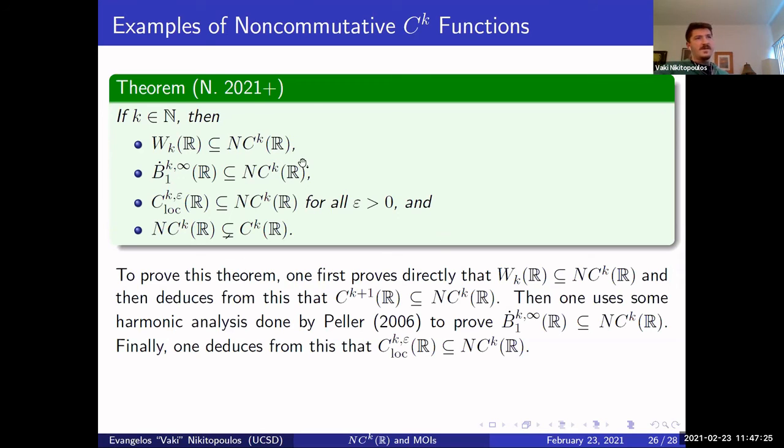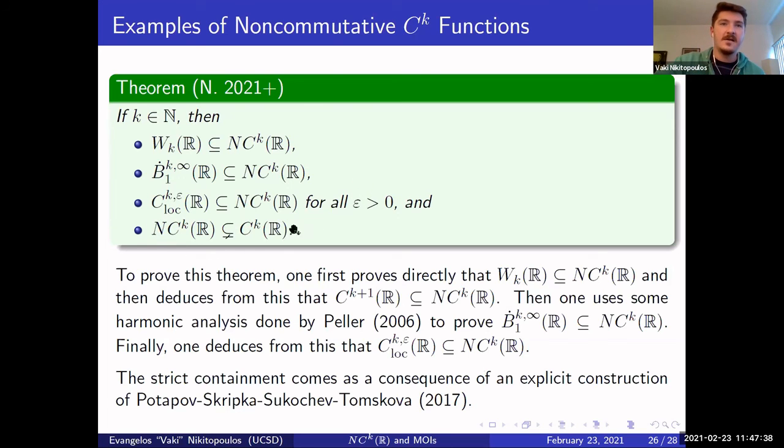The take home from this theorem is, in three different ways at least, that if you are just barely a tiny bit better than C^k, then you're non-commutative C^k. This counterexample here is actually fairly explicit, and I'll just mention that it uses an explicit construction of Potapov, Skripka, Sukochev, and Tomskova from 2017.